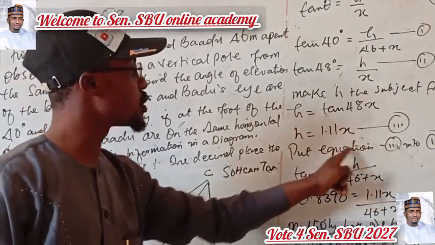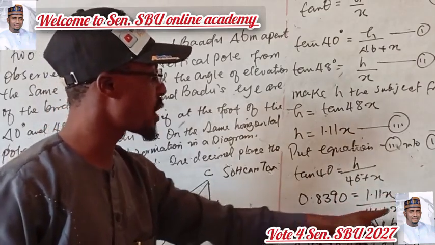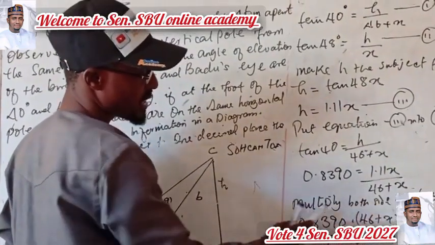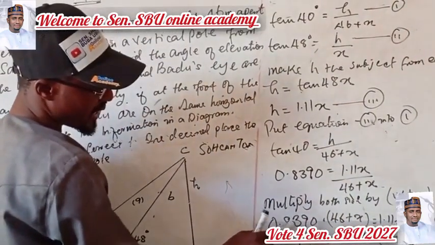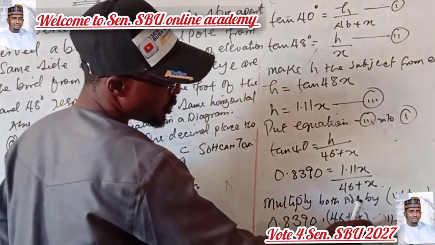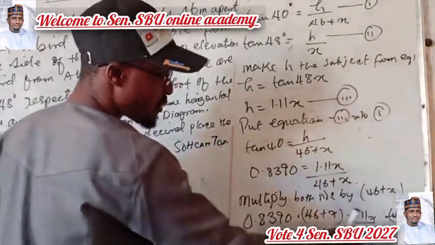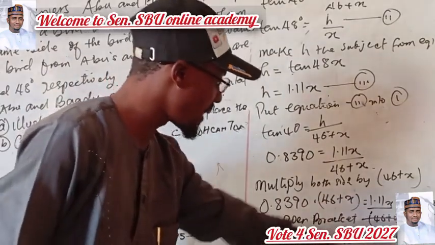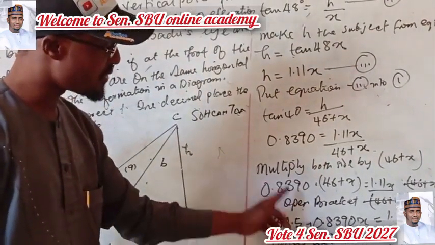We have obtained H to be 1.11X, all over 46 plus X. Since we have a fraction on the right hand side, we multiply both sides by the denominator, which is 46 plus X. We are having 0.8390 times (46 plus X) equals 1.11X all over 46 plus X times 46 plus X. So that 46 plus X here cancels 46 plus X here. On the right hand side, we are left with 1.11X.